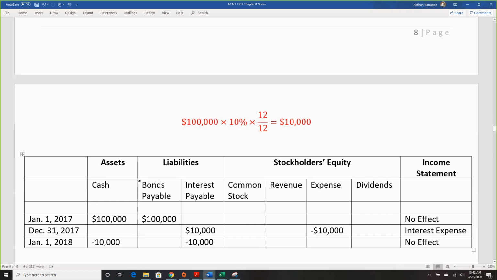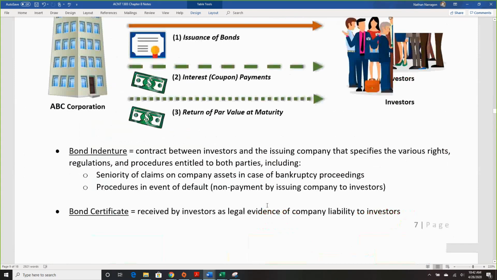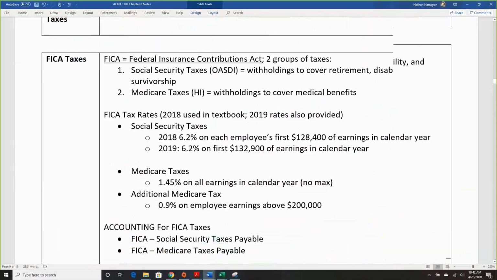So when we calculate this, it's showing the whole process. So here was our issuing, January 1st, and then here is our interest accrual. Okay, so December 31st, they're showing the interest payable. So again, interest up here, just like we did all the way up here with the note.